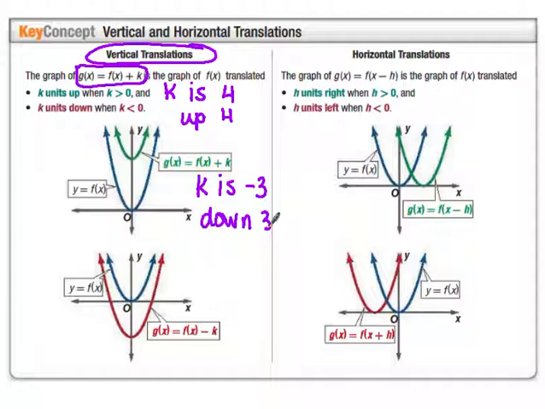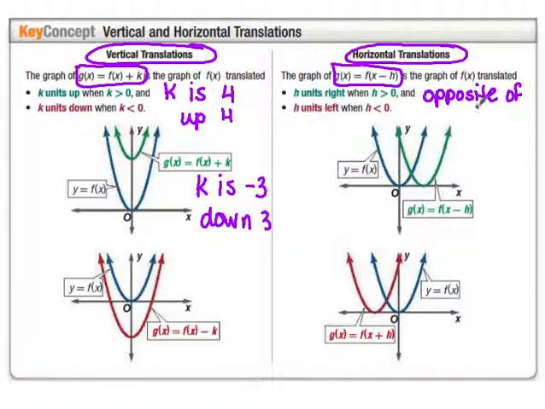Okay? A horizontal translation, on the other hand, is a little different because the translation is actually done within the parent graph. You see that little -h there. The translation is done within the parent graph. You are always going to use the opposite of h.